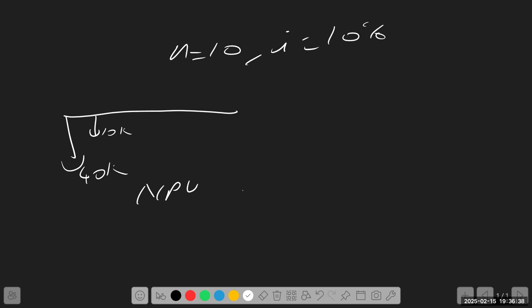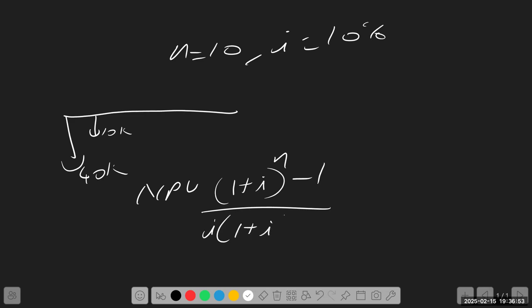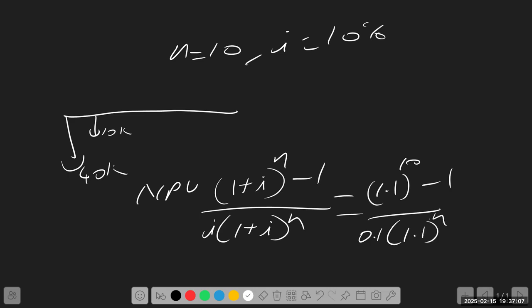What is the P by A formula? 1 plus I raised to n, minus 1, divided by I into 1 plus I raised to n. So 1.1 raised to 10, minus 1, over 0.1 multiplied by 1.1 raised to 10.